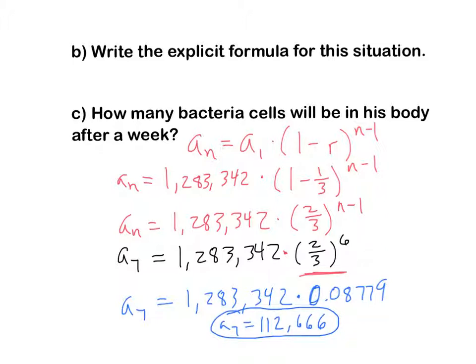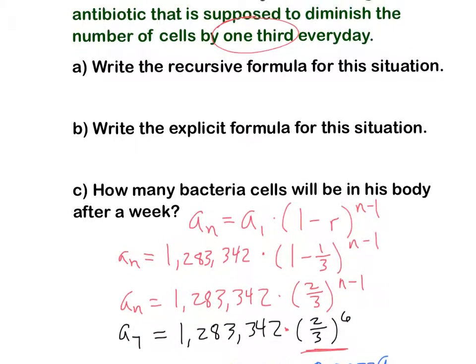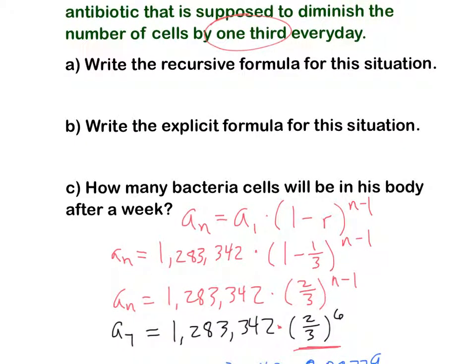Now that I've answered this question, it should actually be a little bit easier to answer A and B. To write the recursive formula, remember, A sub n equals A sub n minus 1 times R, and also identify what the first term is. Well, from this line right here, we can see that R, the number we would keep multiplying by, is 2/3.